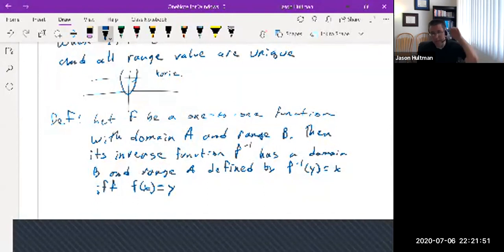Okay, so basically it's just saying, look, the function and its inverse swap domain and range.